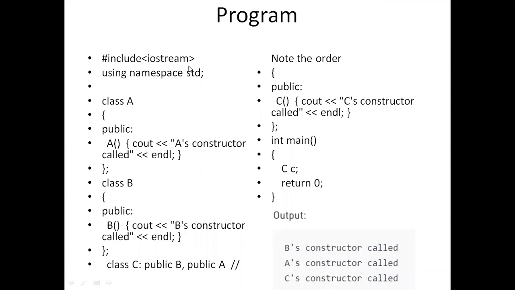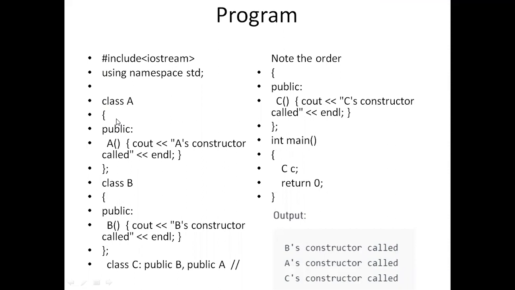#include iostream.h, and then we replace this, #include conio.h. Class A. This is the class A. In this class, we have public A. Here we didn't declare any data member or member function. But there is a constructor also.